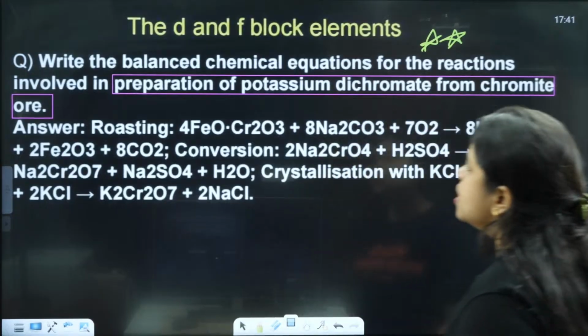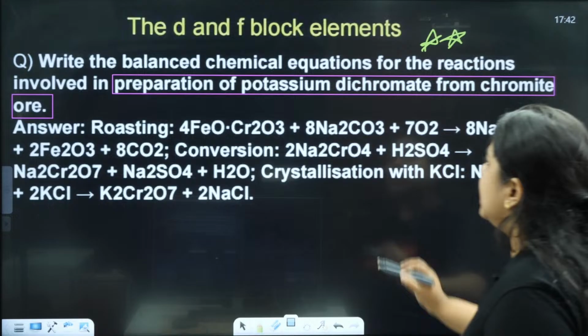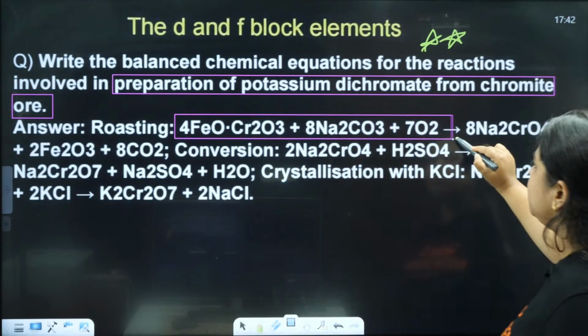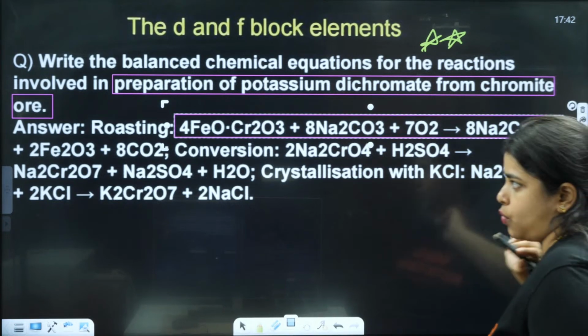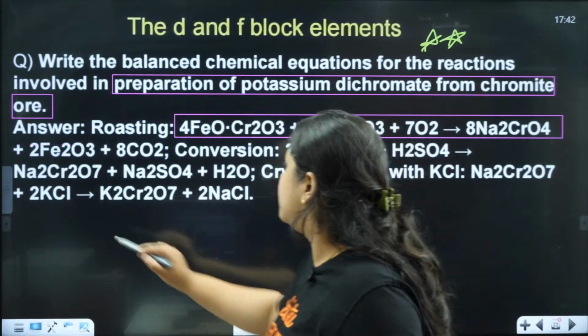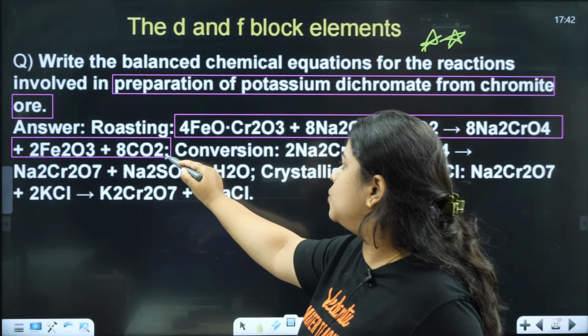Okay, next roasting, that is 4FeOCr2O3 plus 8Na2CO3 plus 7O2, which will form what? 8Na2CrO4 plus 2Fe2O3 and 8CO2.